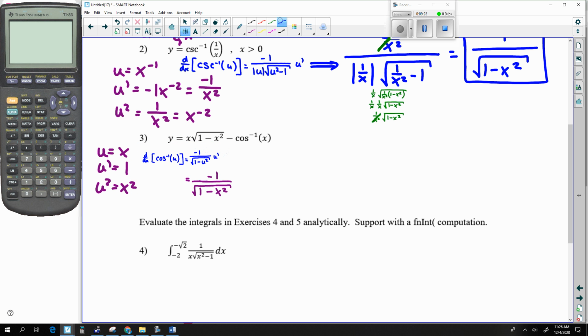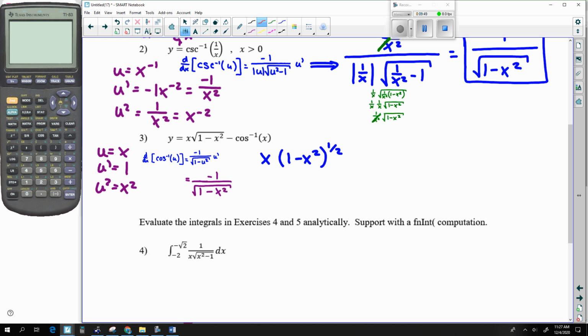So now I'm going to focus my attention on this x times the square root of 1 minus x squared, and I'm going to take the derivative of this. I know it's probably been a while since we've taken derivatives using the product rule, but remember, this is u times v, so it'll be u prime times v plus v prime times u.